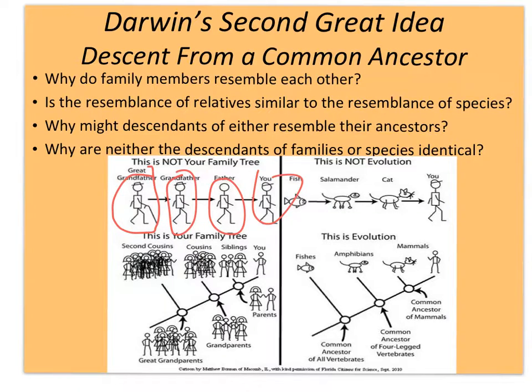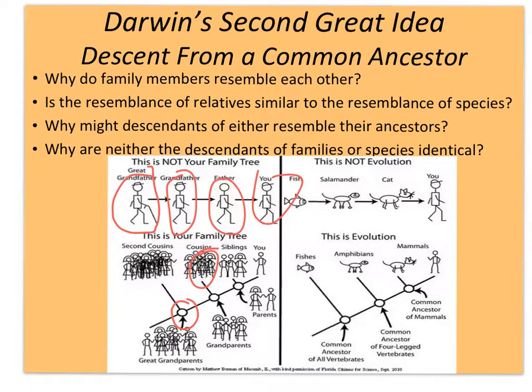And at each node, this is how far back it goes. Then the next generation, your grandparents, there are 4 grandparents, and I think there are 8 cousins or something like that. And then your parents and your siblings. You and your siblings both share your parents as common ancestors.